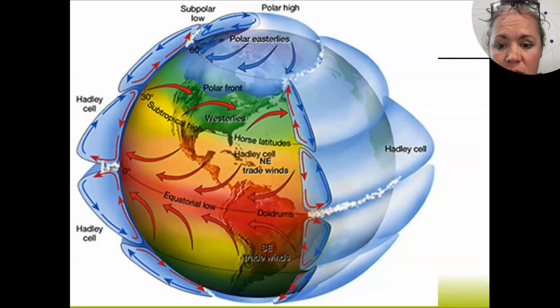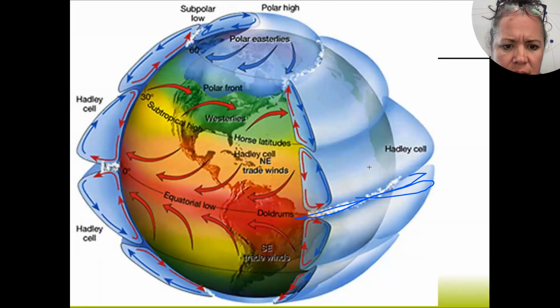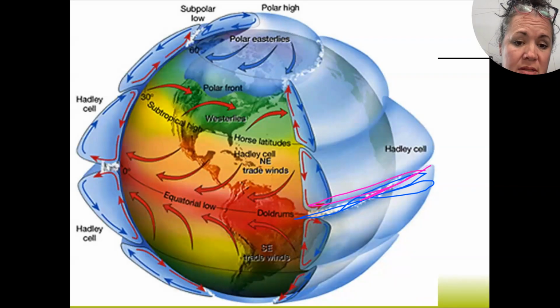So the heating here. Let me see if I can get this. The heating here, right? I just pick a different color. There we go. And this area causes the, so that's at the equator, and that's what causes the evaporation, as I was talking about before.